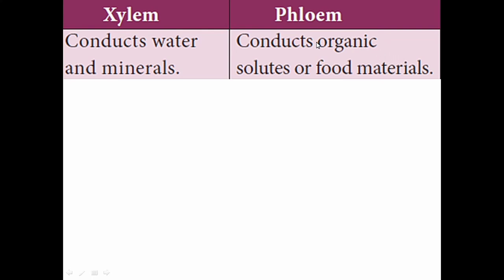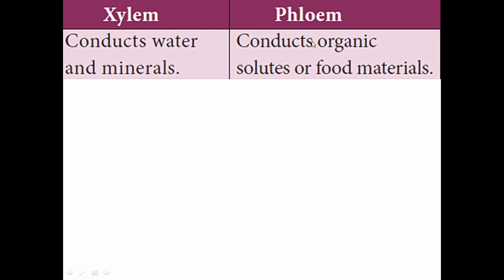Leaves produce food by photosynthesis. The food dissolves and forms a solute. The dissolved food is transported through phloem. Xylem transports water and minerals from the root system to the upper part of the plant body.